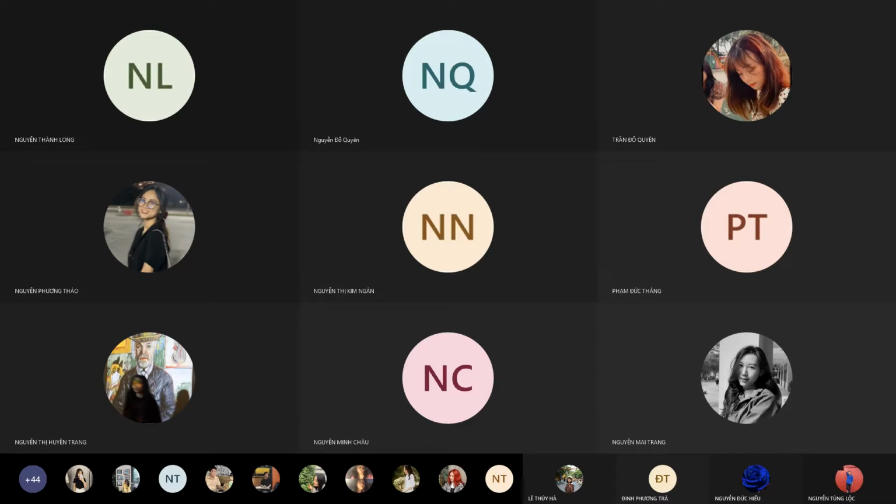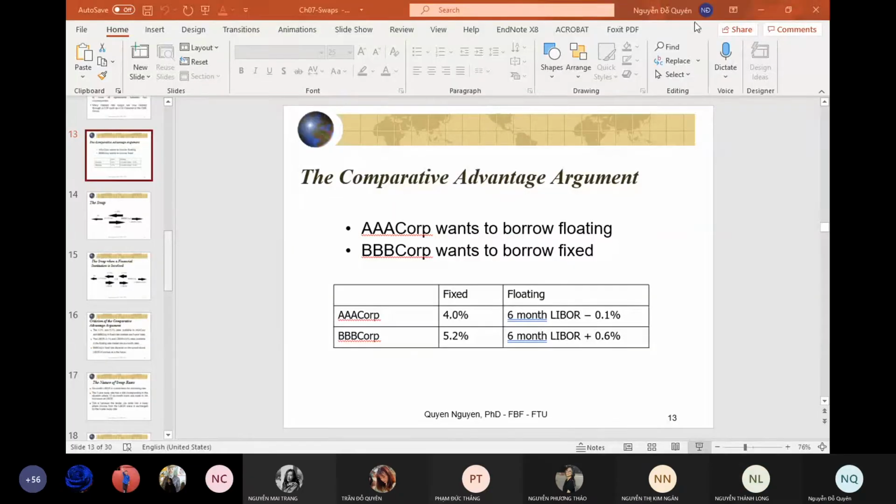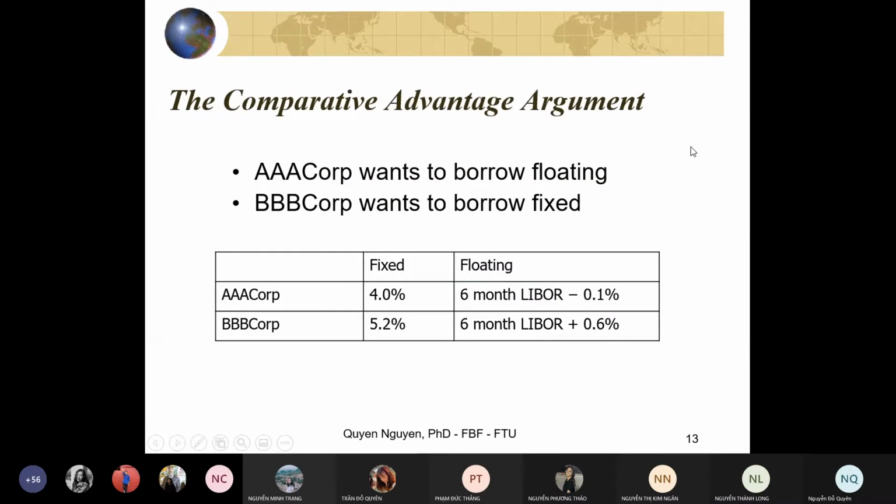We talked about the interest rate swap and the comparative advantage argument, saying that each corporation, when they enter the swap agreement between two parties, may be able to make use of their comparative advantage in a certain rate and still end up with the rate they demand in the opposite rate, right?